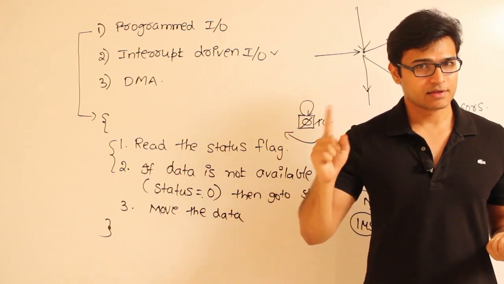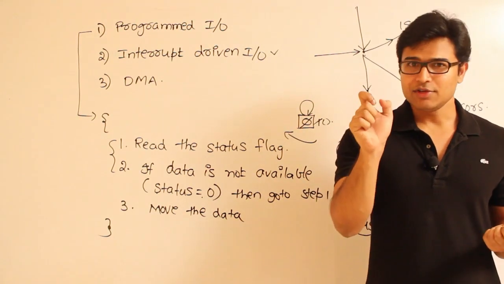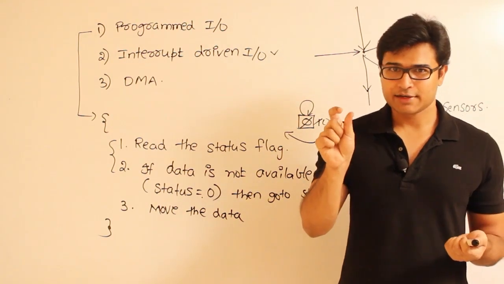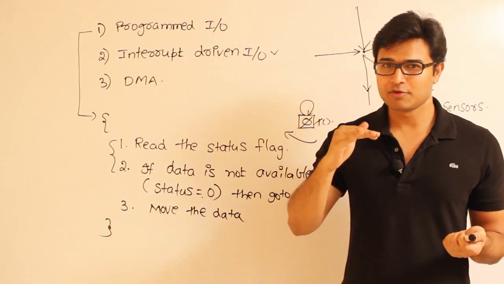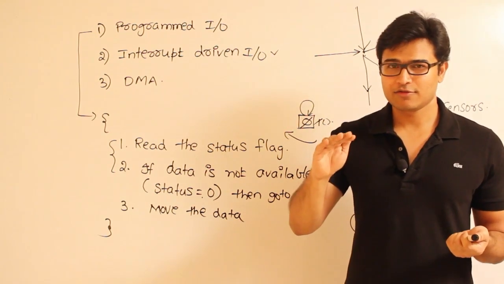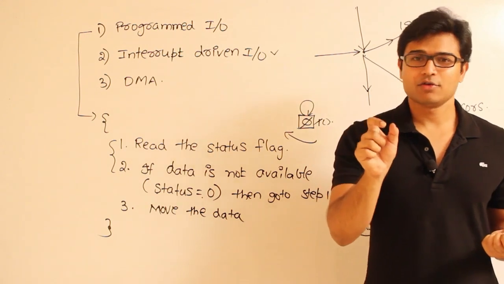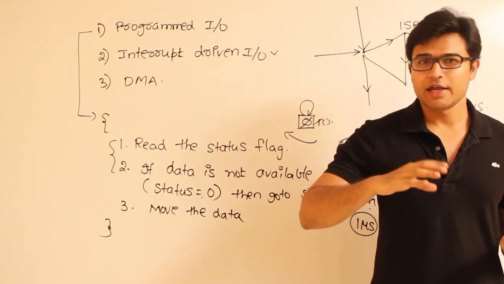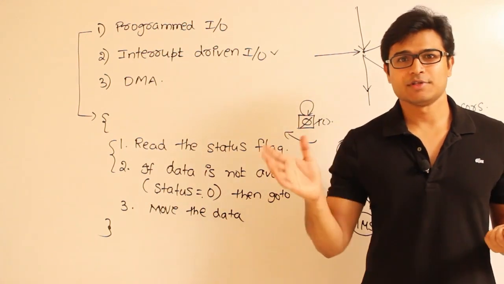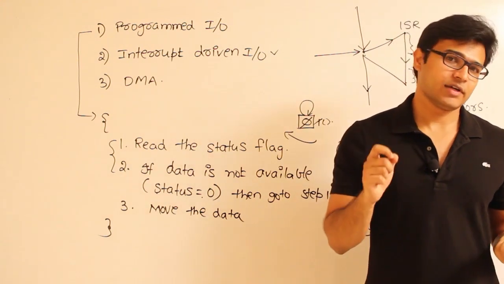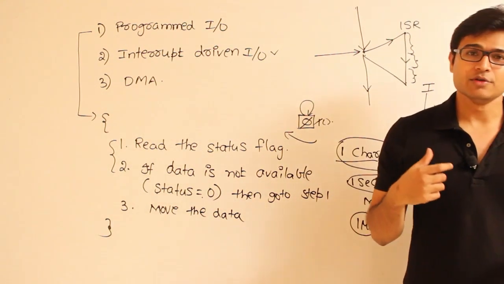Then this sensor will trigger the CPU, and within those microseconds, that gap before the system turns off completely, your entire image has to be saved somewhere, right? So for that reason again we will be using the interrupt.